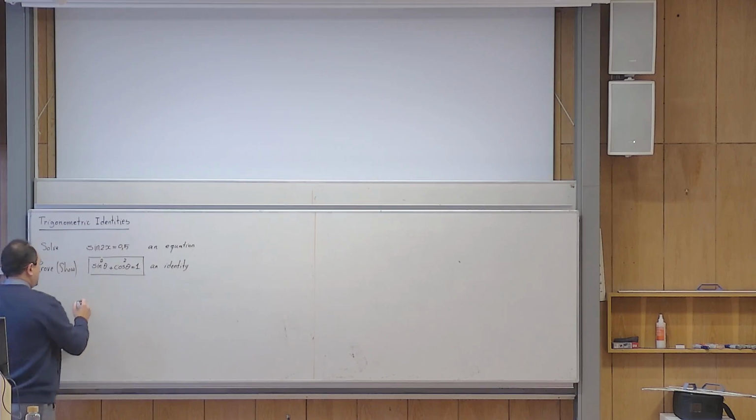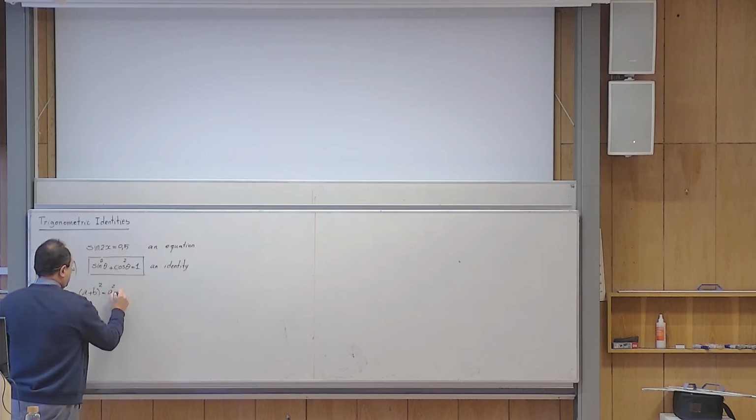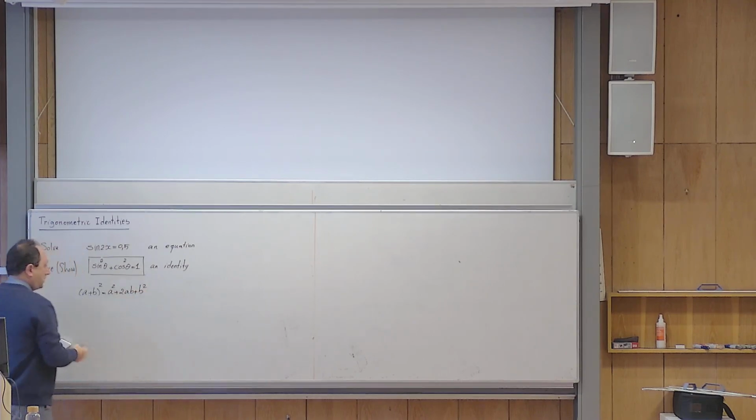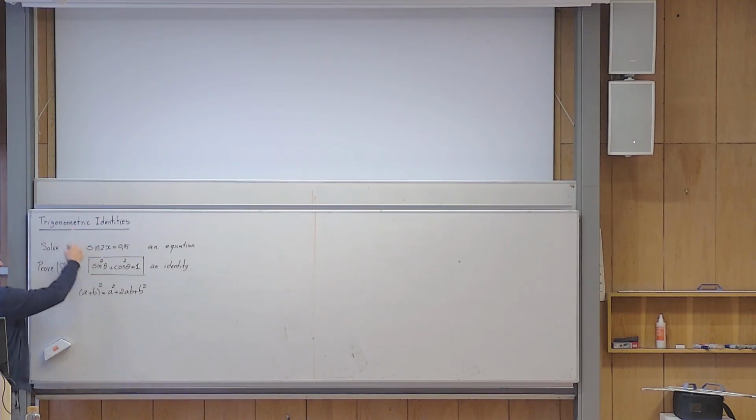For example, do you remember in Math 1C or 2C, this is an identity: (a plus b) squared is a squared plus 2ab plus b squared. We prove it once and use it whenever we need it. Why is this an identity? Because the left-hand side, for any choices of a and b, matches the value of the right-hand side for the same values. We can prove algebraic identities, and we can prove trigonometric identities.